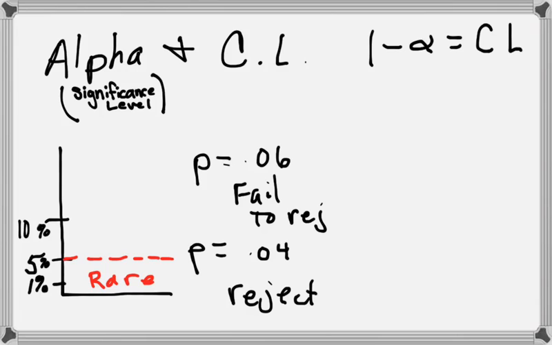It doesn't really matter if your alpha level is 0.5, or 0.05 or whatever. We don't usually deal with alpha levels greater than 0.1, although they're perfectly legitimate. But more than 10%, it's a lot. That's really not very rare anymore. Go below 0.05, you're automatically going to reject it.